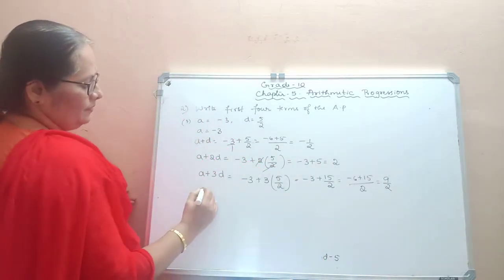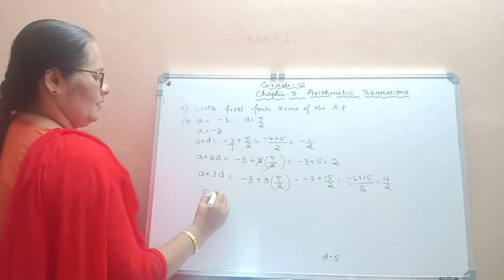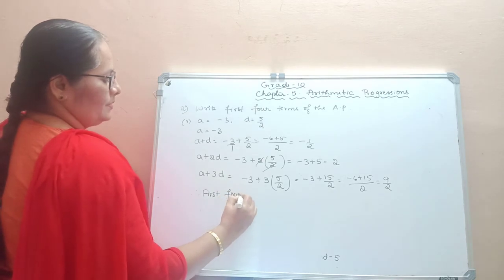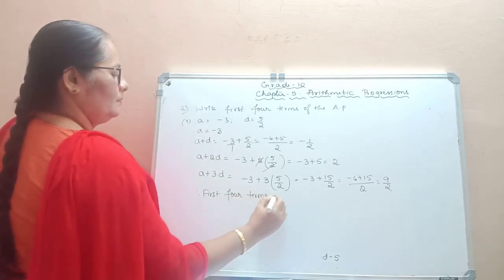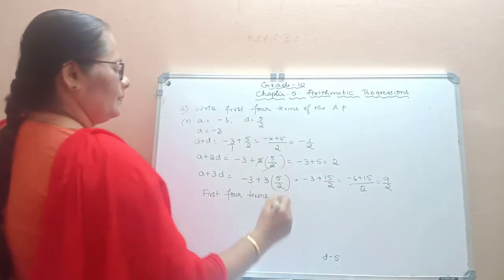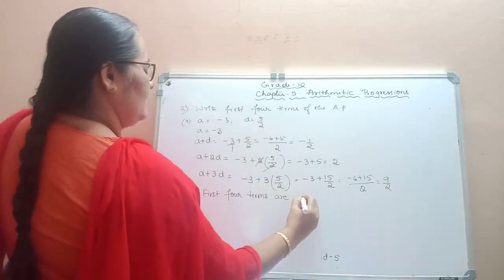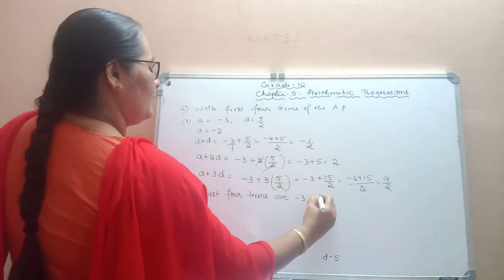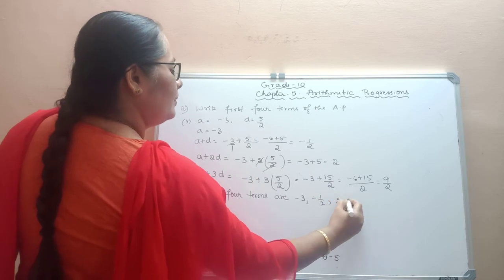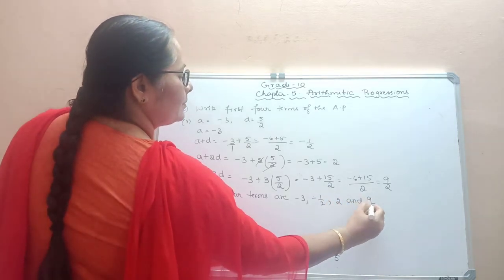So the first four terms are minus 3, minus 1 by 2, 2 and 9 by 2.